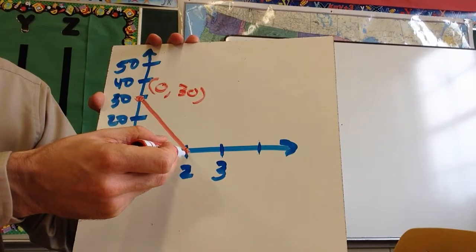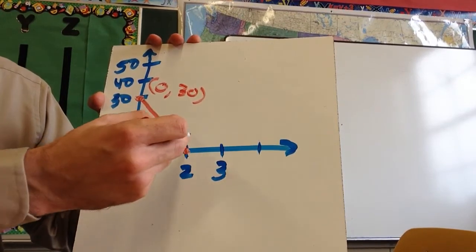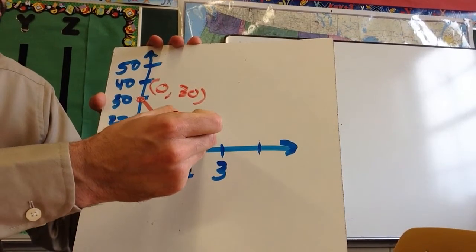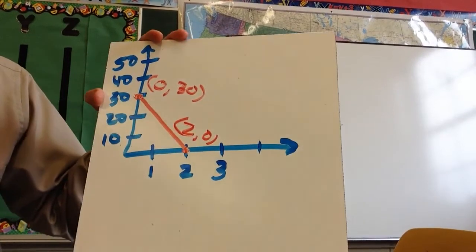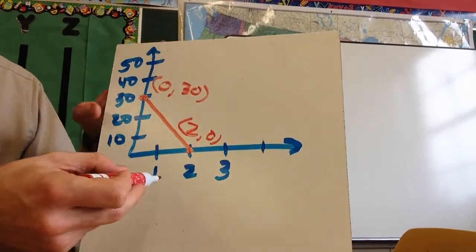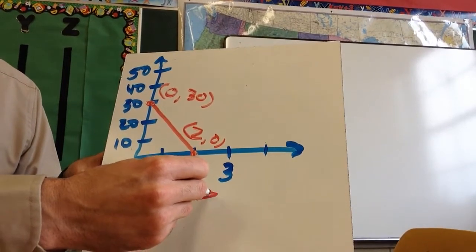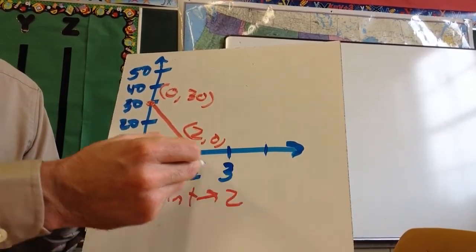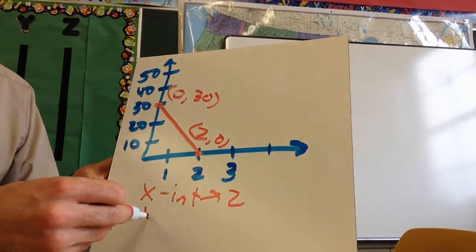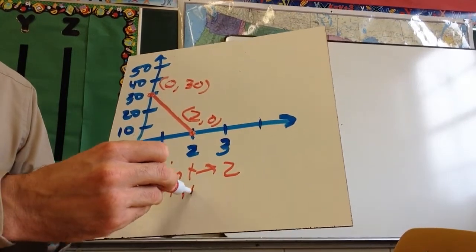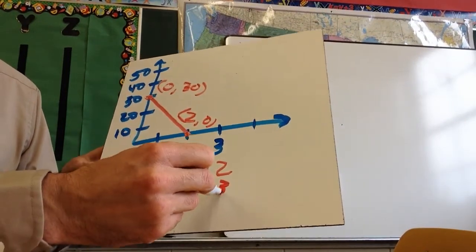And then down here, remember that y on the x-axis has a value of 0. So this is 2, 0. So my x-intercept, where it crosses the x-axis, is at 2, and the y-intercept, where it crosses the y-axis, is at 30.